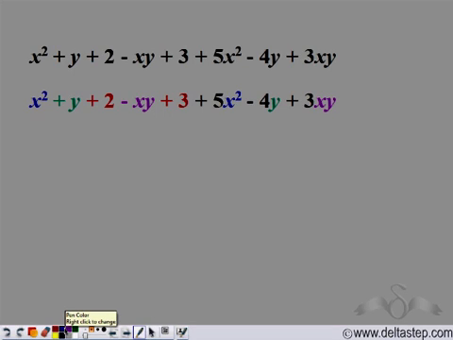So x square plus 5x square gives us 6x square. Y minus 4y gives us minus 3y. 2 plus 3 gives us 5.